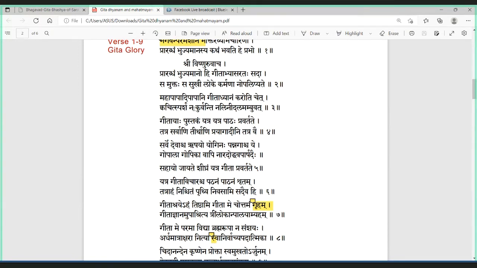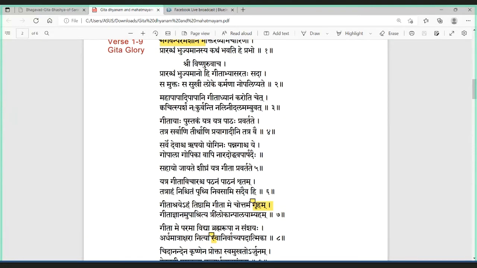Even if a person is experiencing the fruit of great sins, if they are reflecting on, not just meditating, but reflecting on the words of the Gita, then even the greatest of papas cannot touch the person.